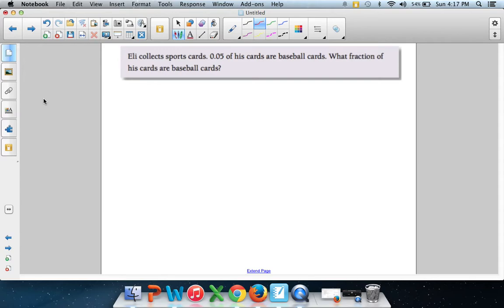Well, one thing you can do is realize that this is going to be a fraction out of 100. Sometimes the fractions are out of 100. Sometimes the fractions with decimals are out of 10.